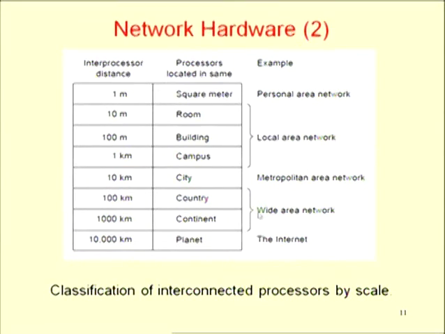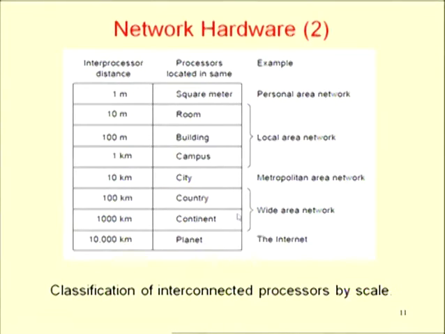Then wide area network and internet. If a network is spanning up to a country or a continent, it is said to be a wide area network. And if a network is covering the entire globe, the entire planet, the entire earth, it is called the internet.